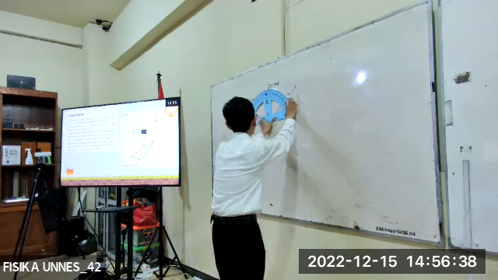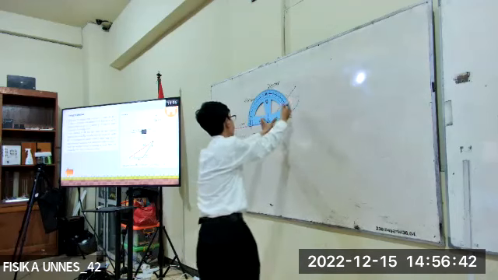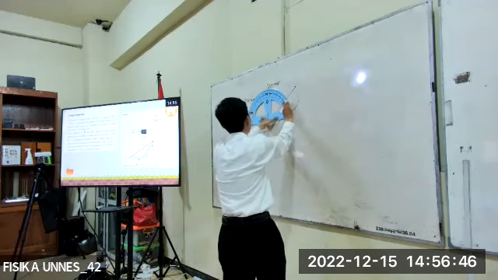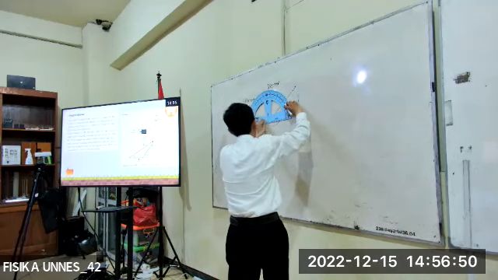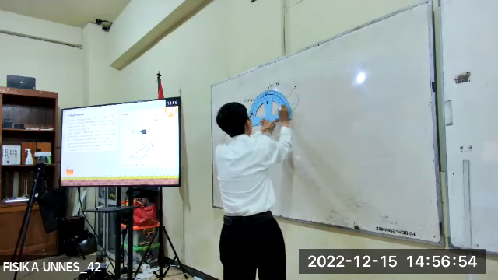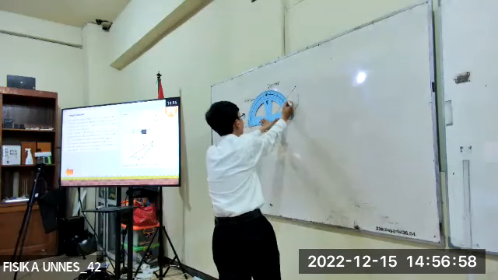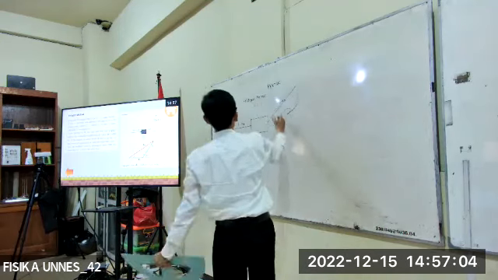Put the protractor at the connection point of F1 and also the x coordinate. And we get 36 degrees.